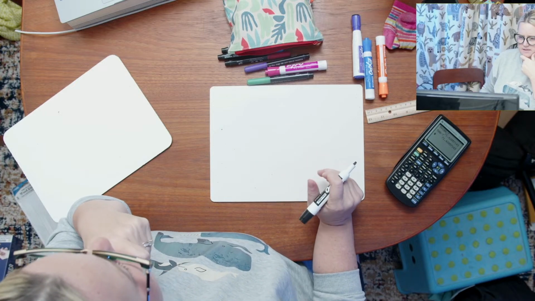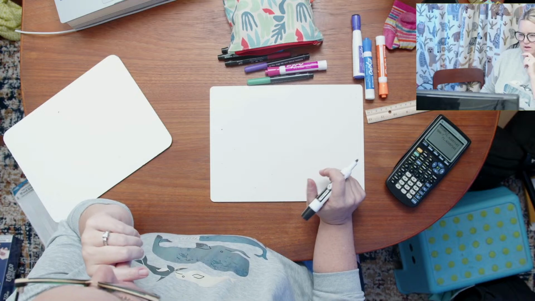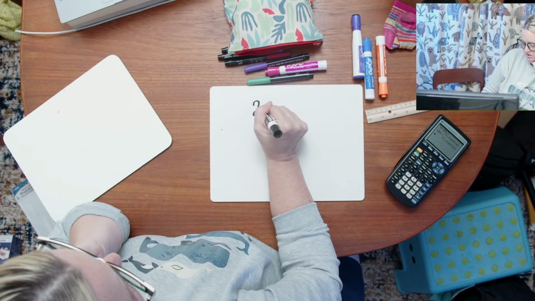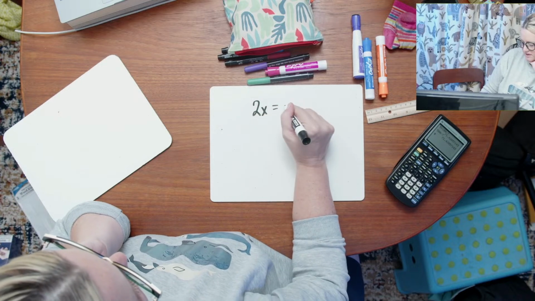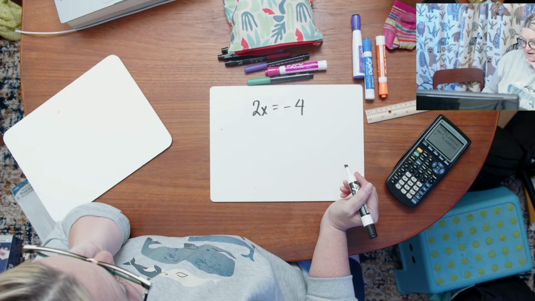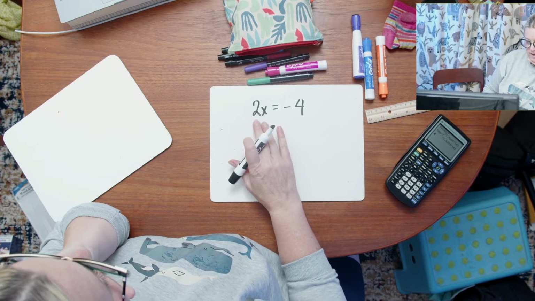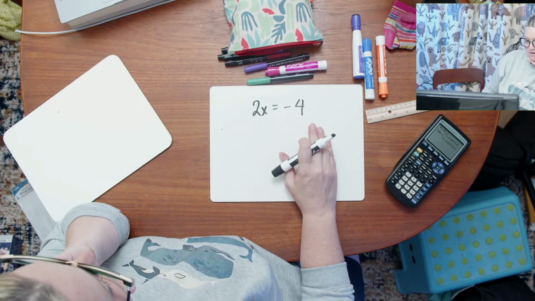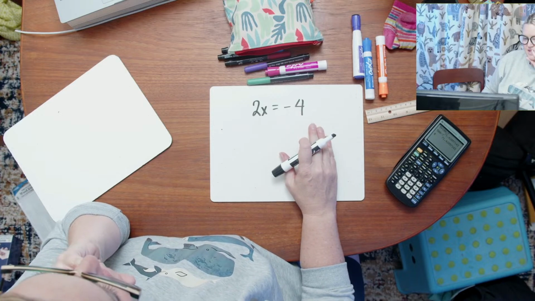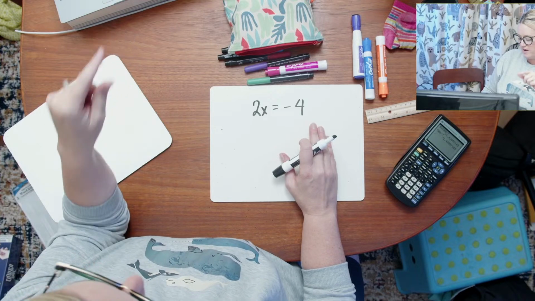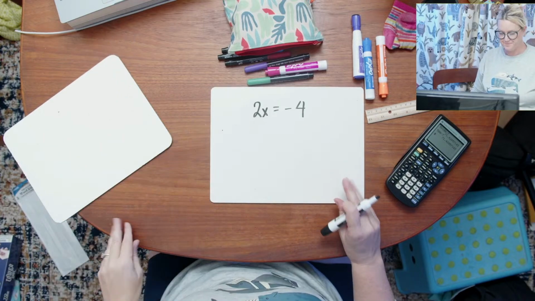So when it's a positive on one side and a negative is already on the other side, do you mean something like 2x equals -4? Where we have this positive on one side and the negative is over here? Right, well, they were asking about the negatives in algebra.